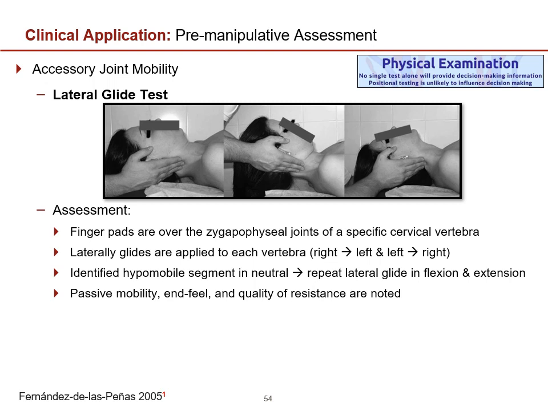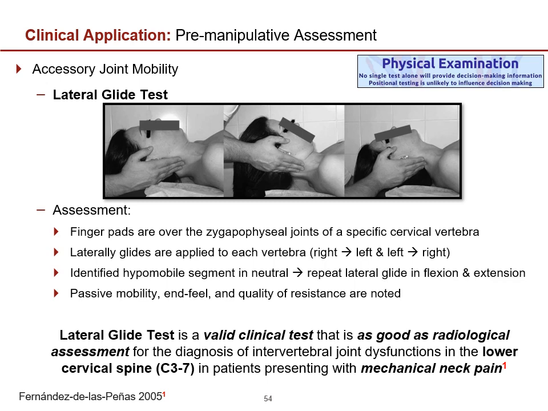If there was a hypomobile segment, then they either flexed and or extended the neck and performed the lateral glide test again. And they identified hypomobile segments based upon passive mobility, the end feel, as well as the quality of the resistance that was noted to the lateral perturbation or force.